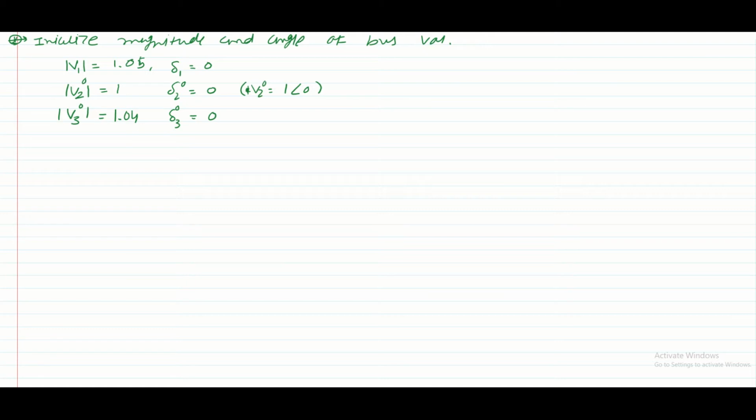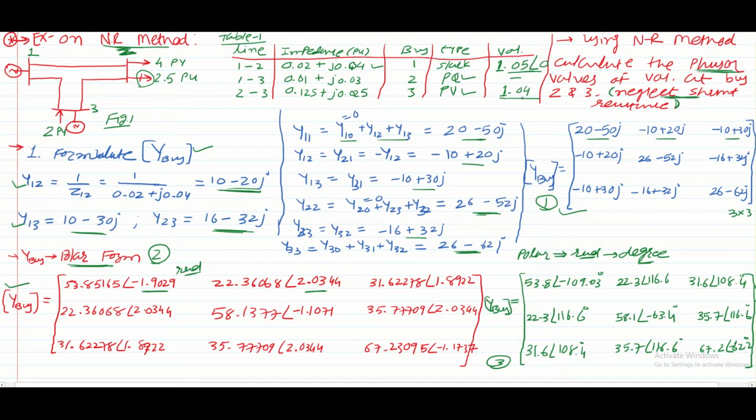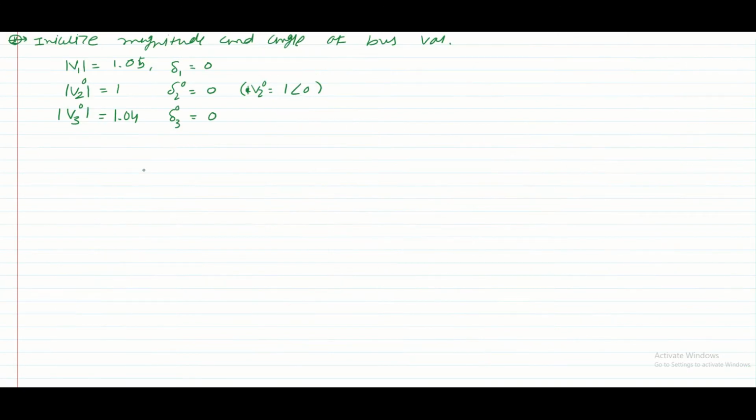It is not given over here in your data. So we will consider a flat start voltage if you wish, right? Flat start voltage. We have assumed the values of voltages and their angle.